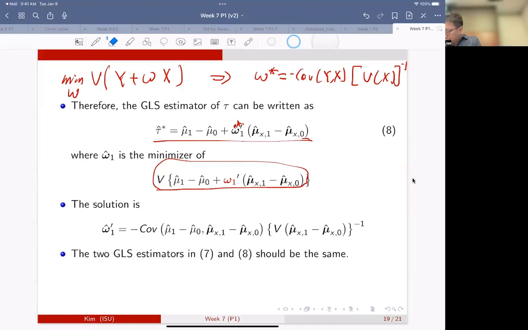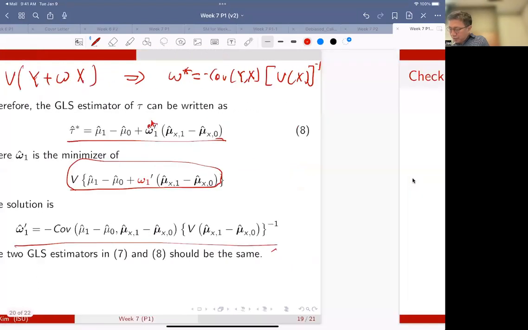So that's why you get this one. And then the only thing left is to check this one. So okay, we can check this.